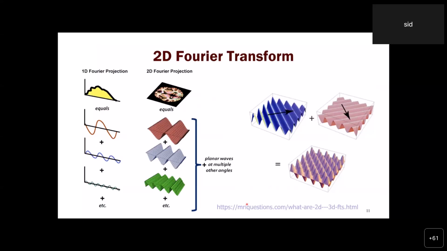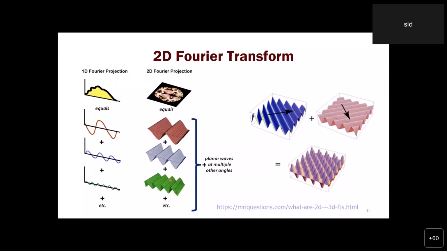So Fourier neural operator. How does this word Fourier help the learning of an operator? If we look at the 1D Fourier projection, for any given signal, we can break the signal into a combination of sinusoidal waves. So this is the 1D transform. A 2D transform works on an image, and it converts this image into a collection of sinusoidal planar waves.